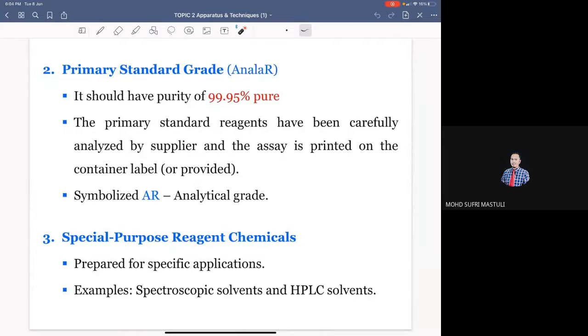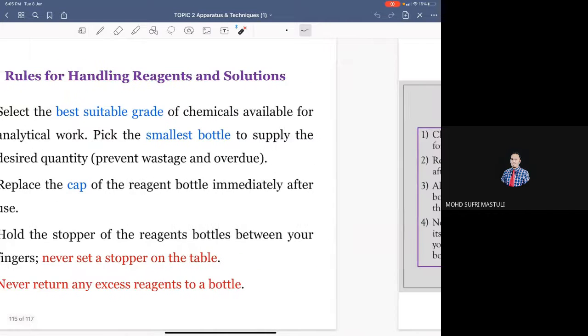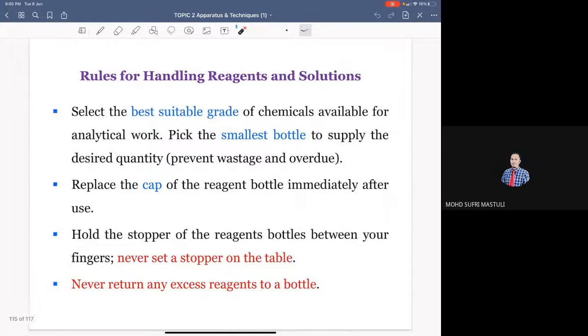Special purpose reagent chemicals are normally prepared specifically for specific applications. For example, we have spectroscopic solvent and HPLC solvent. So, several rules in handling reagents or solutions.